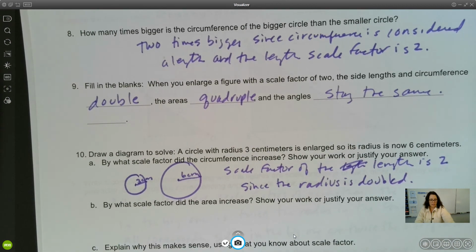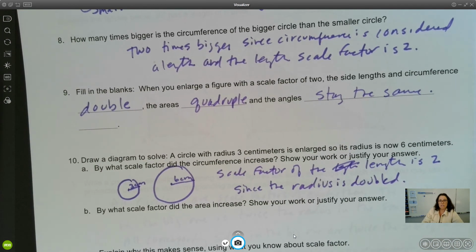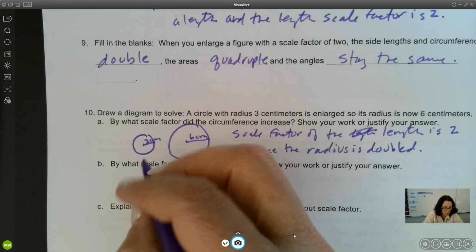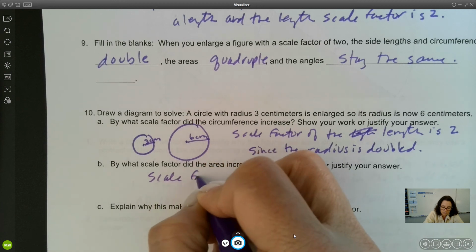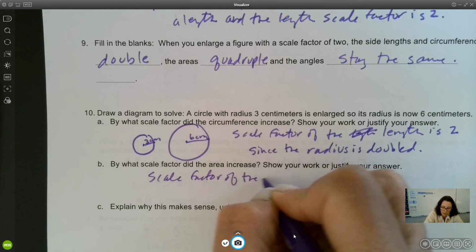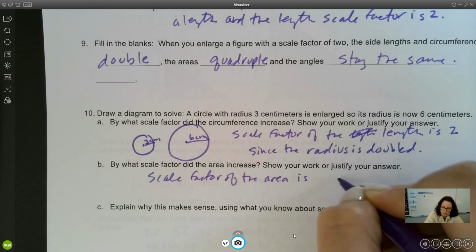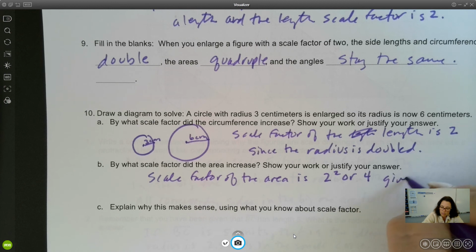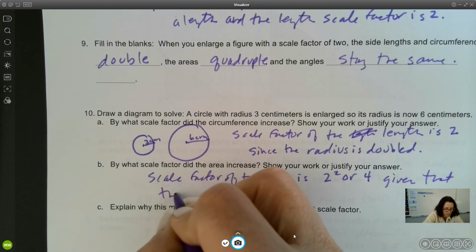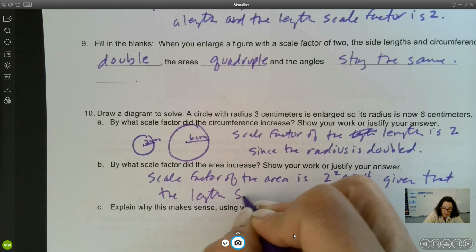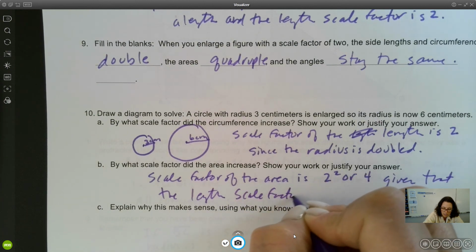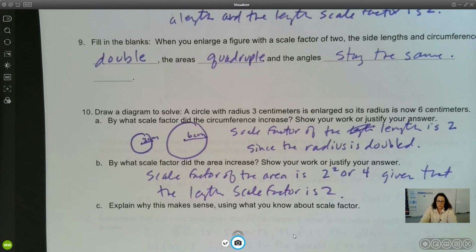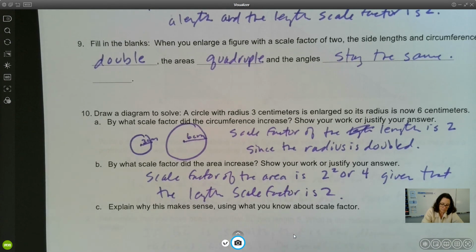By what scale factor did the area increase? I'm not even calculating area. I know that it increased by 4. Scale factor of the area is 2 squared or 4, given that the length scale factor is 2. Explain why this makes sense using what you know about scale factor.